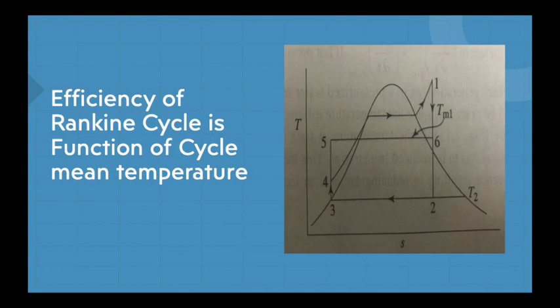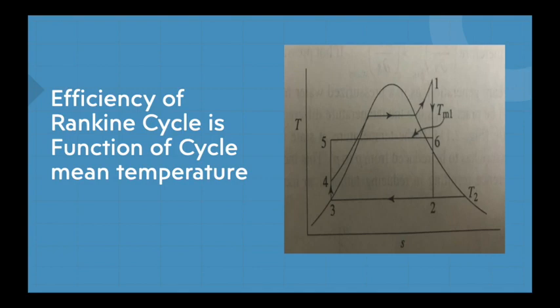But this cannot be possible because the coal plants are normally located in tropical areas where the temperature is not that low. Therefore the T2 depends upon the location, and if a plant is set up in a colder condition then I will get a better T2, and if a plant is set up in a hotter condition then the T2 is not in my hand. T2 is governed by the atmospheric condition.